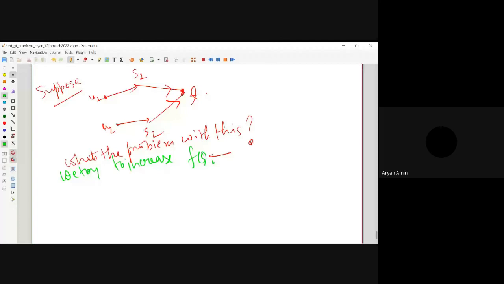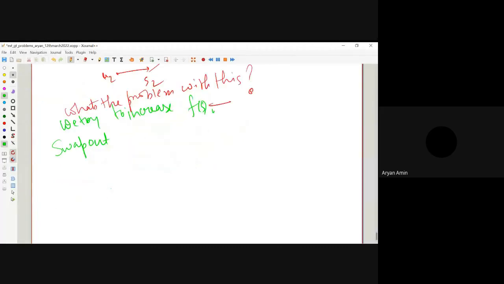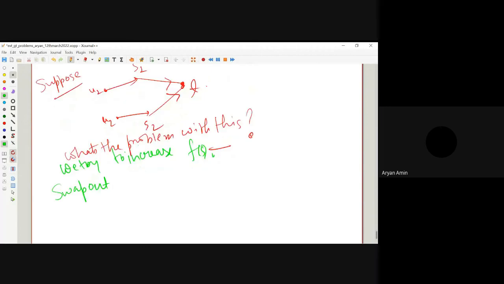So what we can do is swap out S2 for U2. See how this works.